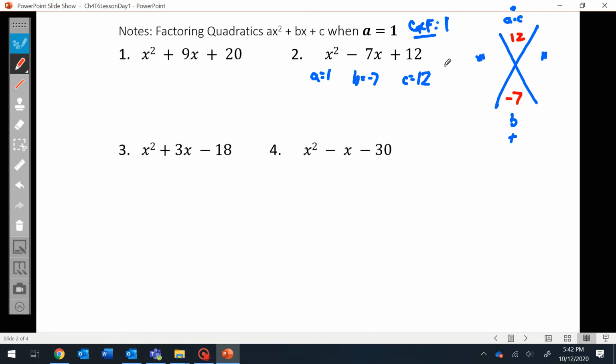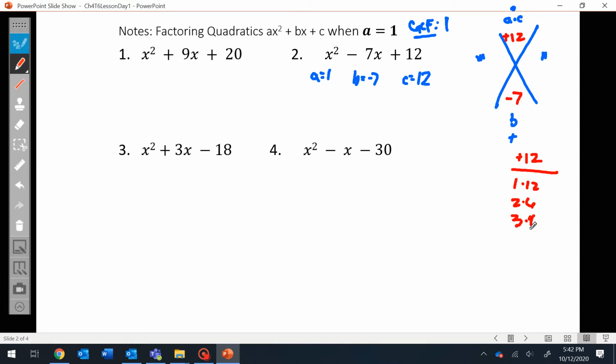Alright, so now I'm looking for numbers that multiply to 12 and add to -7. Multiply to positive 12, add to -7. So I've got 1 and 12, 2 and 6, 3 and 4, I think that's it. However, none of those add up to 7, or -7.